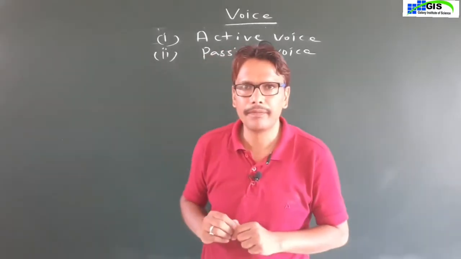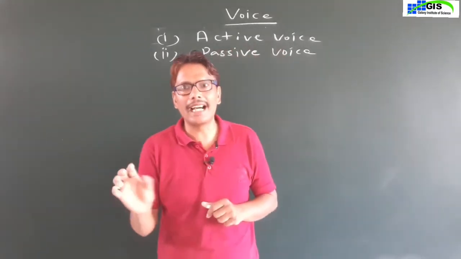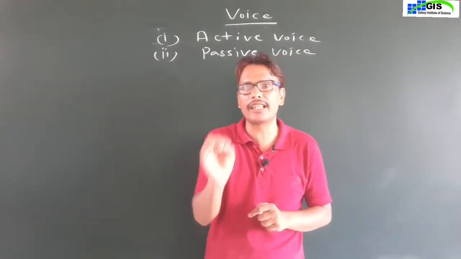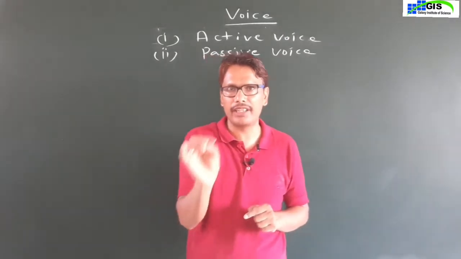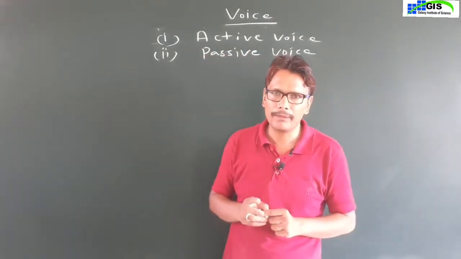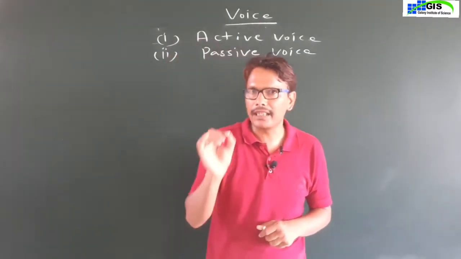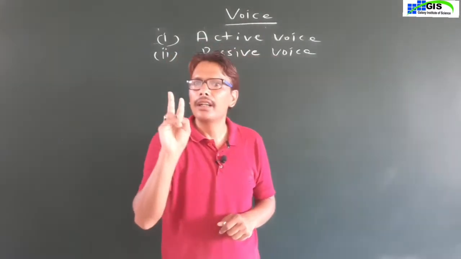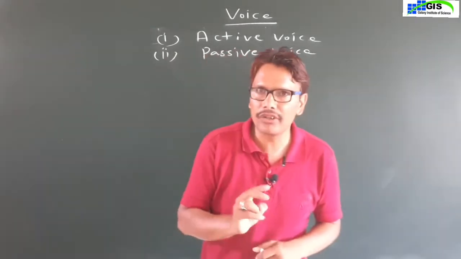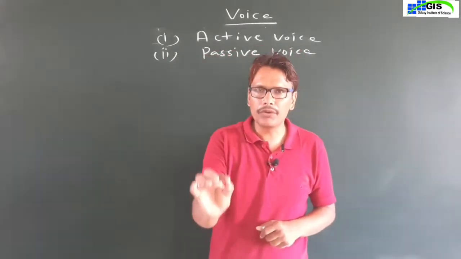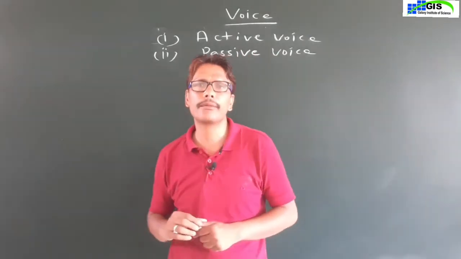The 4 tenses are never transformed because they are already constructed in passive voice. These 4 tenses are present perfect continuous, past perfect continuous, future continuous, and future perfect continuous.